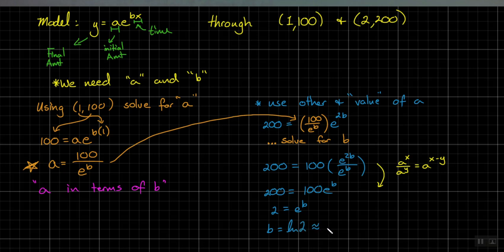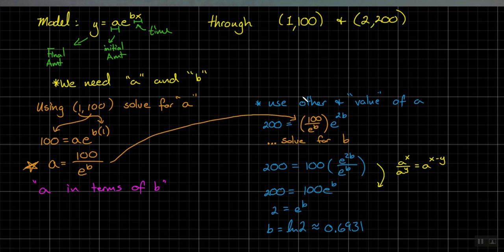And somebody's going to hook it up, approximately 0.6931. Okay. So what we just found in this population is 69%. That's the growth rate, 69% per hour seemingly. And it's going to keep stacking like this.